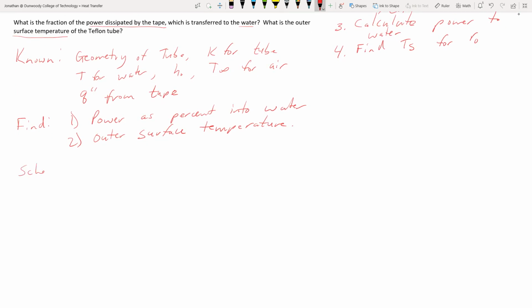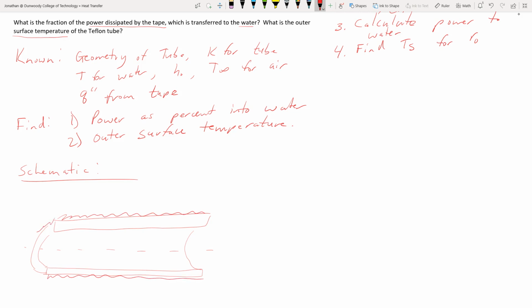So a little schematic and a thermal circuit is helpful here. For our schematic, we've got some thickness here. I'll try to draw a segment of this tube. Our center line is going through here. Then we've got some tape that's wrapped around, and outside of that, we've got another surface.